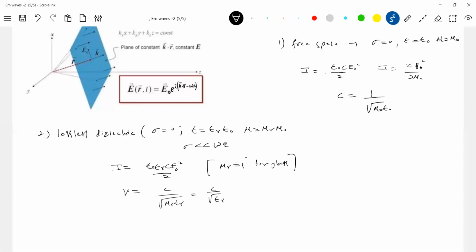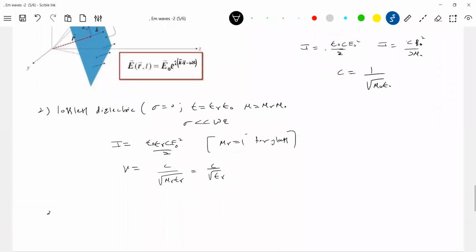For any medium, you have to substitute the relative permittivity of that particular medium. We brought it in terms of refractive index. Don't get confused with refractive index here. So what is the refractive index now? The root of this should be the refractive index. Mu, again, don't get confused. It's not a refractive index. It's the relative permeability of the medium. For glass, since it is equal to 1, we substitute here.